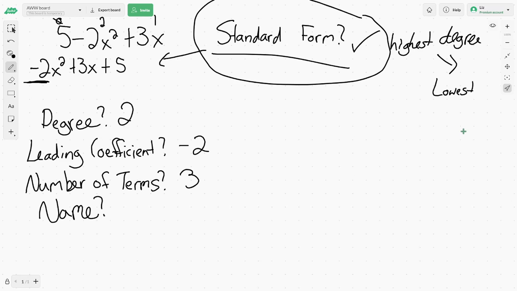Well, it's a degree of 2, so that's quadratic. And there are 3 terms, so it's a trinomial. So it's a quadratic trinomial.